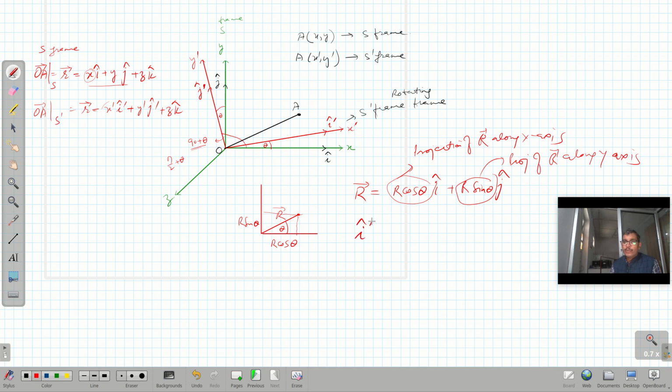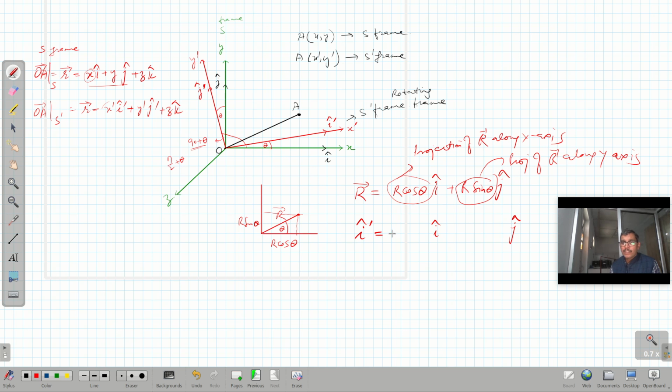If I try to look at i prime, it can be written in terms of i cap and j cap. What is its value? It is the magnitude of this vector and the cosine of the angle it makes with the x-axis, because it is making an angle theta.